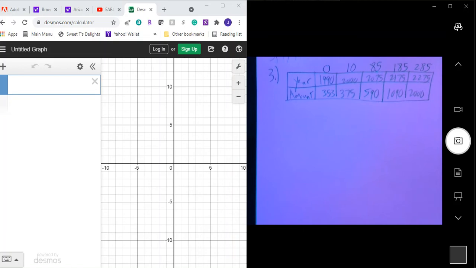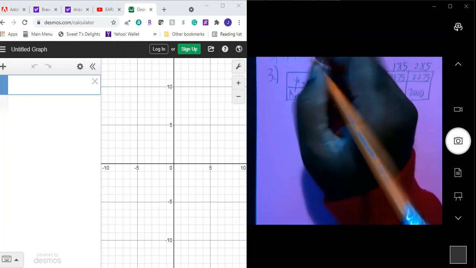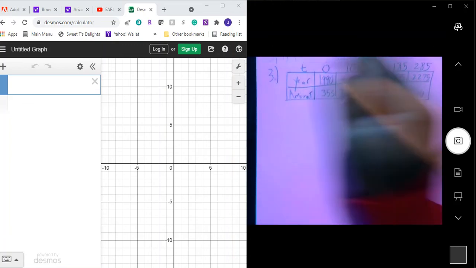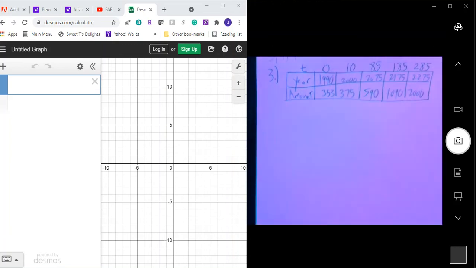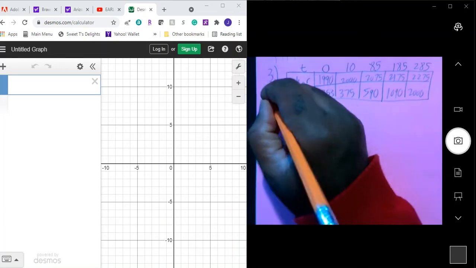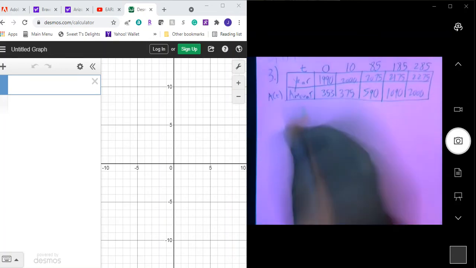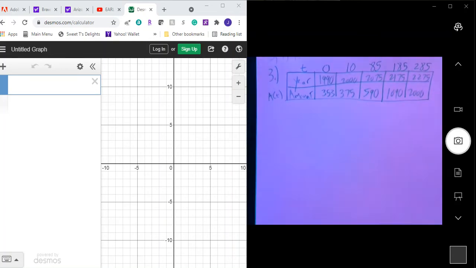Okay, so now, one other thing they told us is that we're going to work with T and A of T. So basically, this here would be your T, these values since 1990, and A of T would be the amount. And we know A of T really is your Y value and T is really your X value.